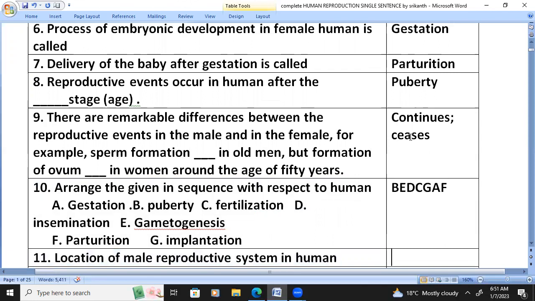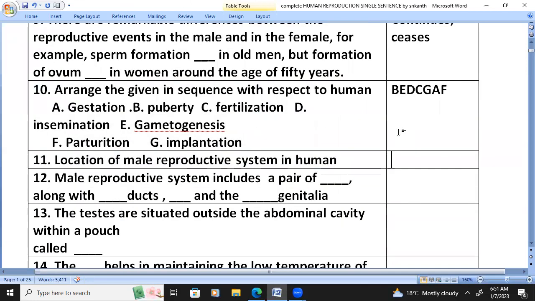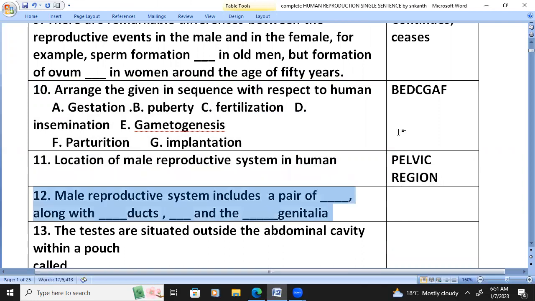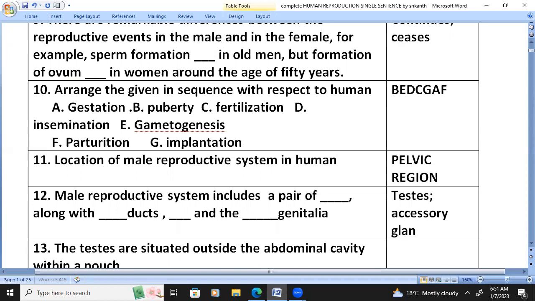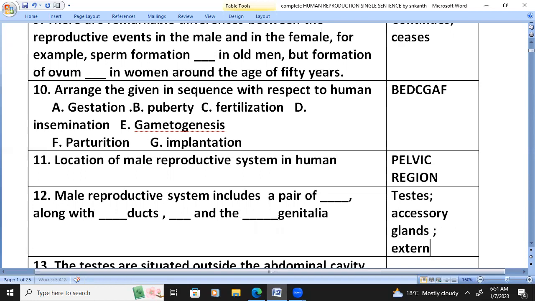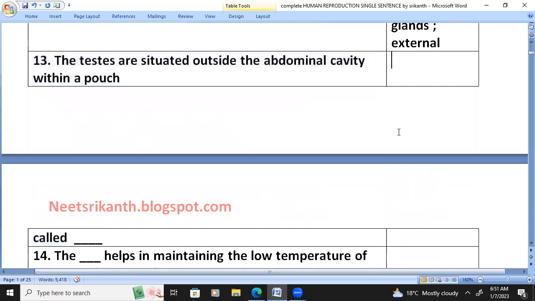Location of male reproductive system in human: pelvic region. Male reproductive system includes a pair of testes, accessory glands, and the external genitalia. The testis is situated outside the abdominal cavity within a pouch called scrotum.